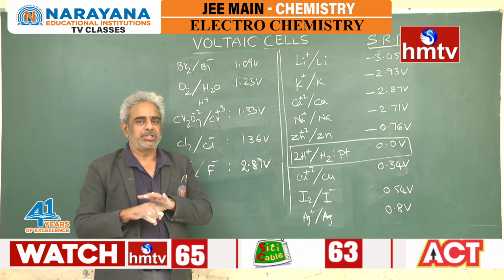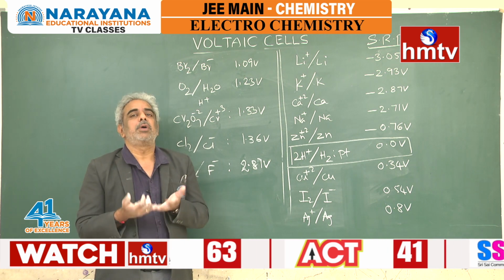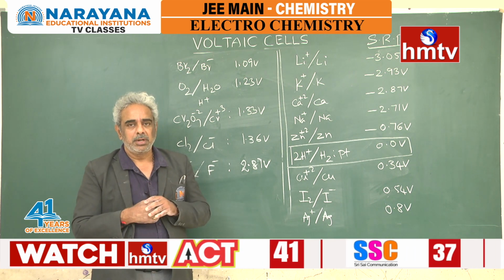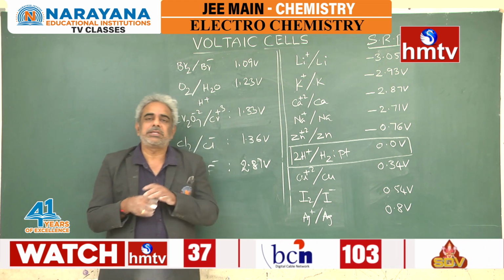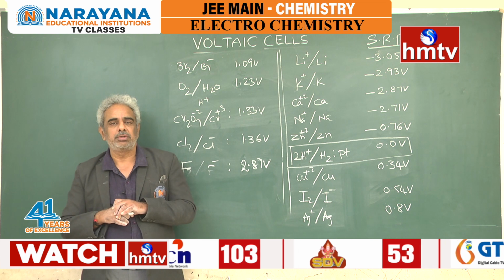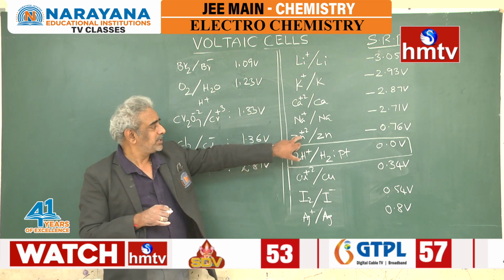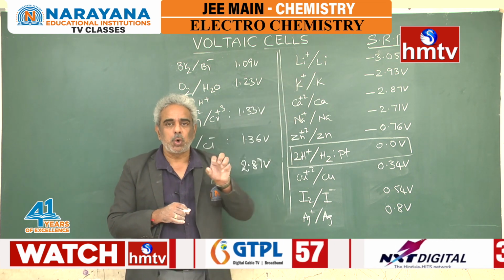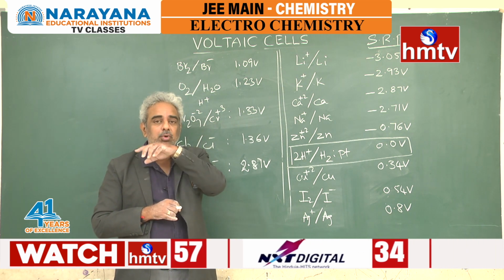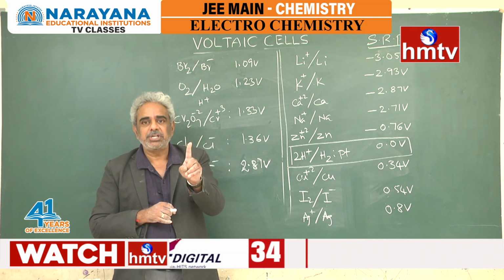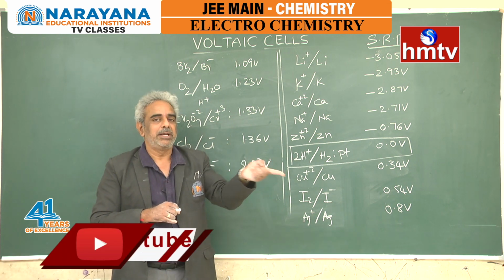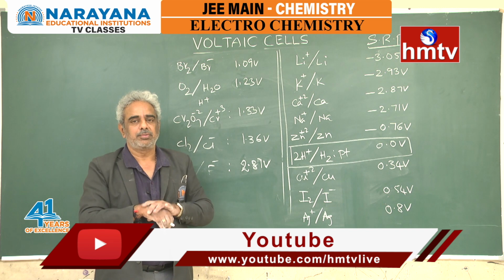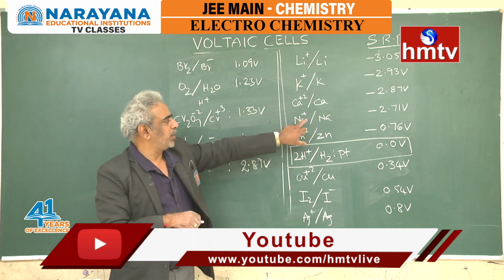Negative reduction potential means what? Positive oxidation potential. For hydrogen, whether reduction potential or oxidation potential, it is one and the same, 0.0 volts. So, these metals always show a tendency to undergo oxidation at their electrode when connected with the standard hydrogen electrode.